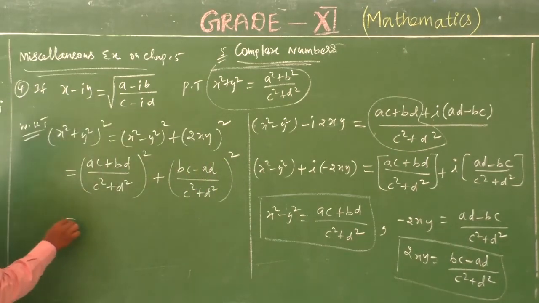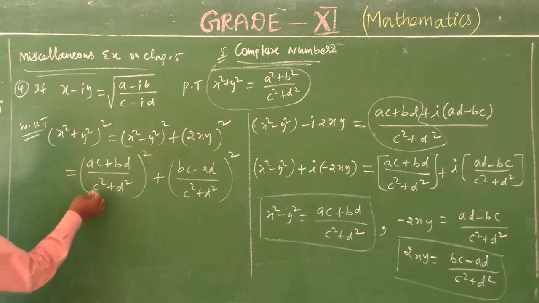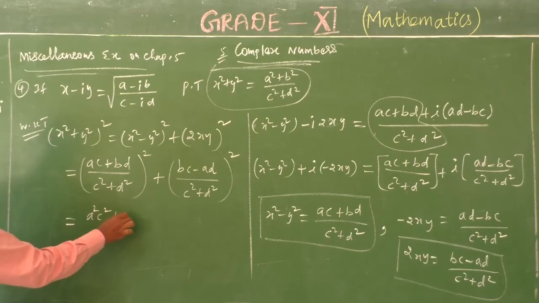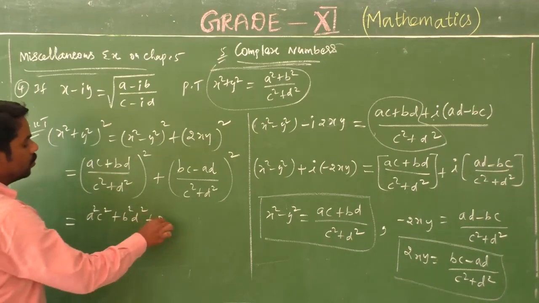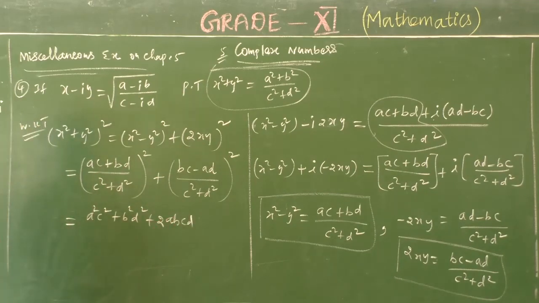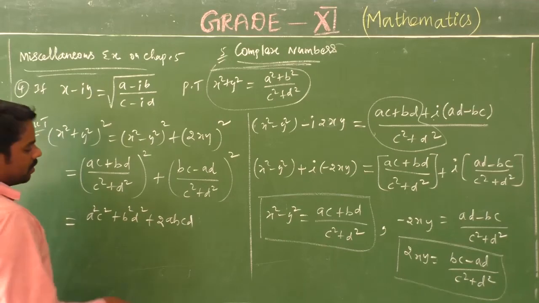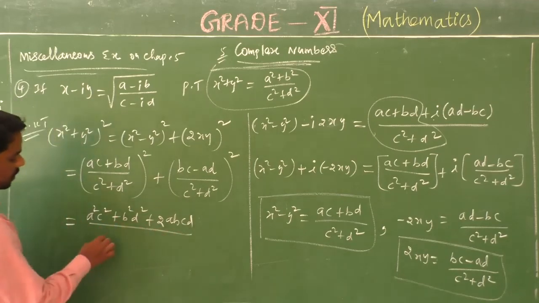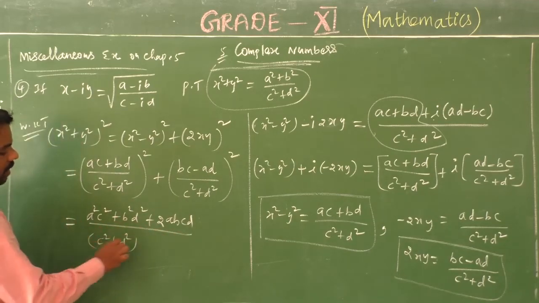AC plus BD the whole square, that is a square c square plus b square d square, that is the (a plus b) whole square formula, plus 2ABCD, divided by (c square plus d square) the whole square.